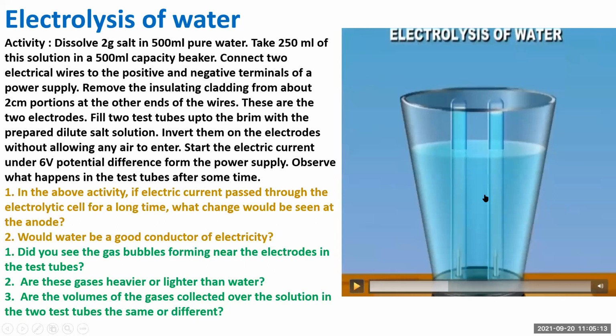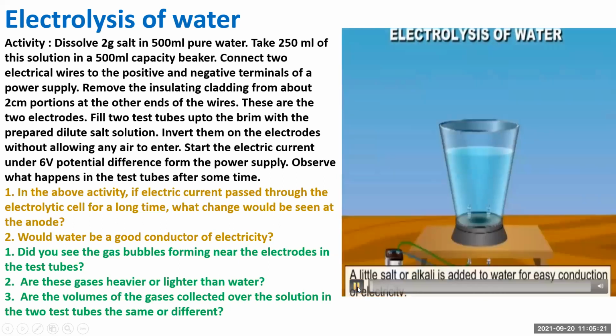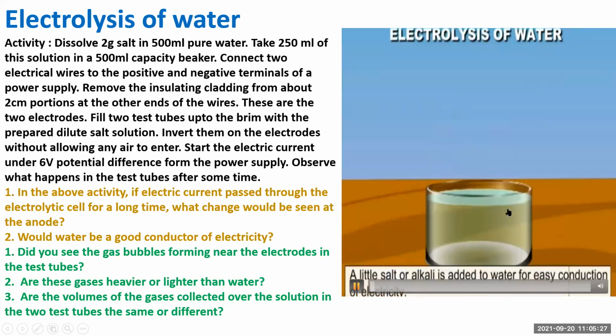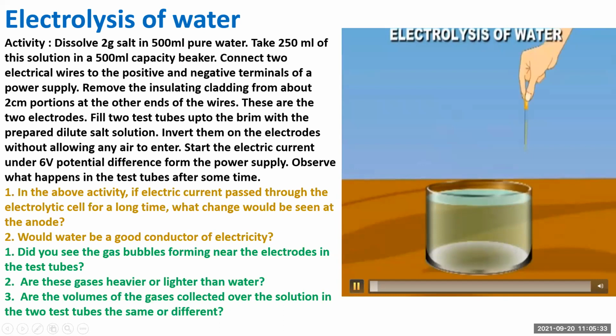These are the two test tubes taken. To understand the electrolysis of water, we have to take water with salt. This is the water with salt.